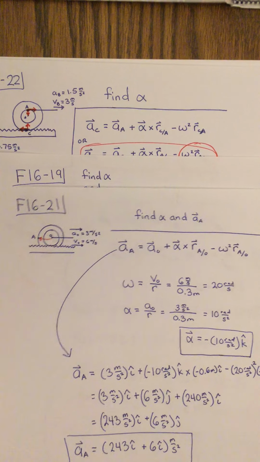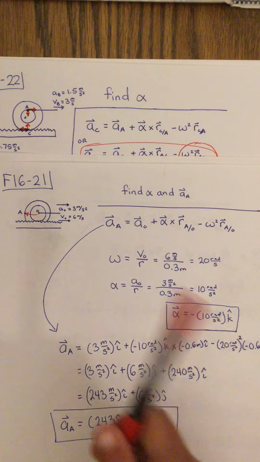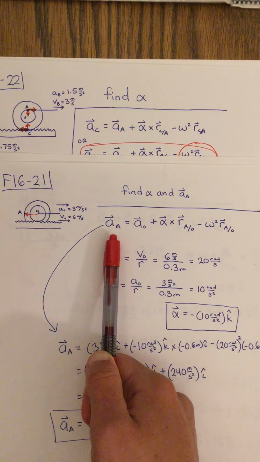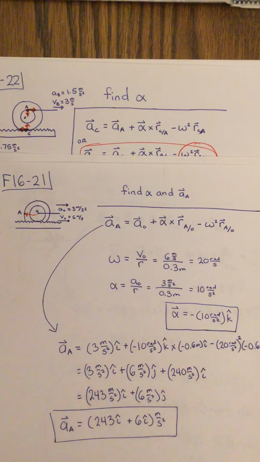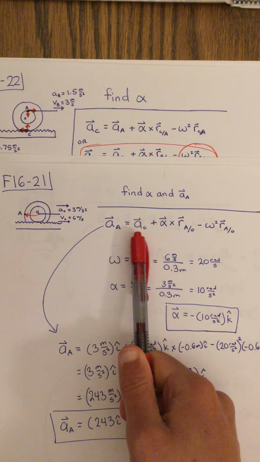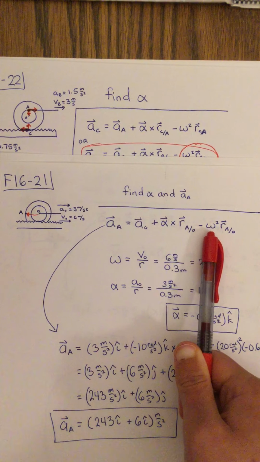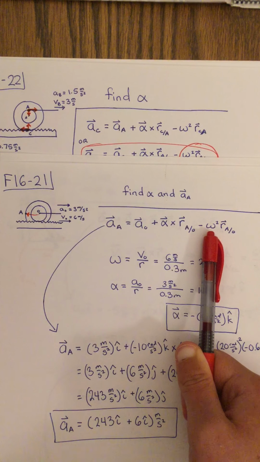Okay, then in problem 21, because the acceleration here that I'm looking for has a non-zero i-hat component and a non-zero j-hat component, I have to be able to say what this acceleration is. And I also have to find the angular acceleration.